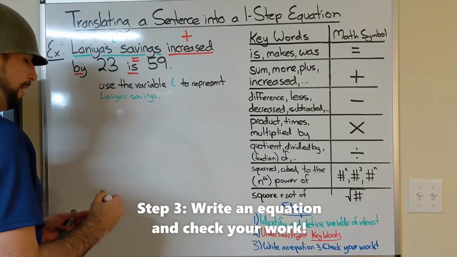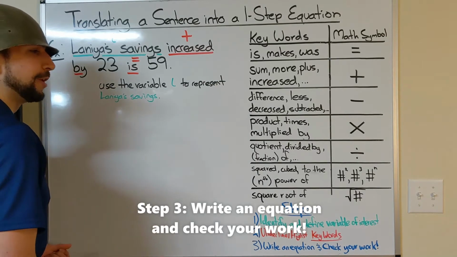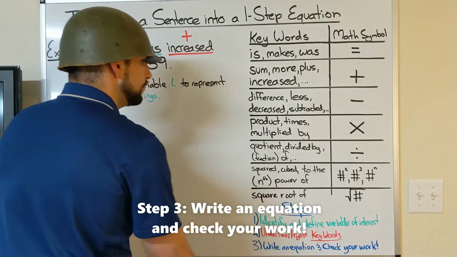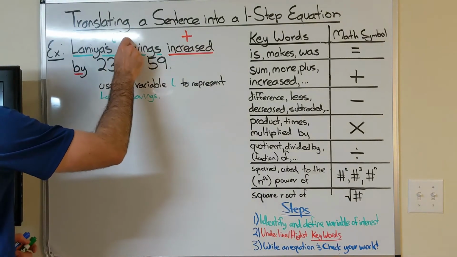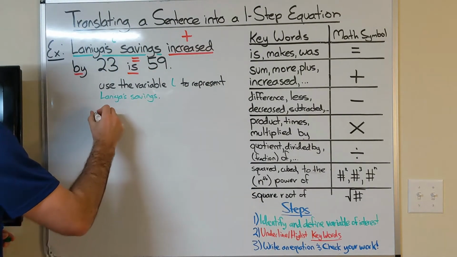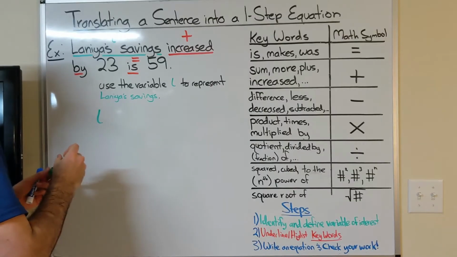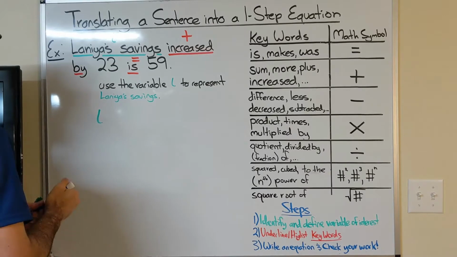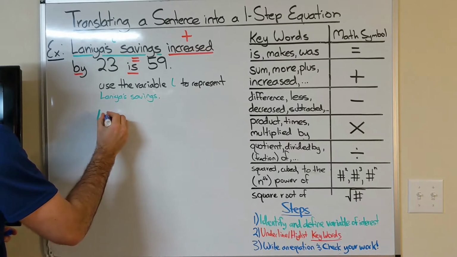Let's move on to step 3. We're going to write an equation and we're going to check our work. So we have her savings, L, Lanaya's savings increased by 23. We said increased represents addition.